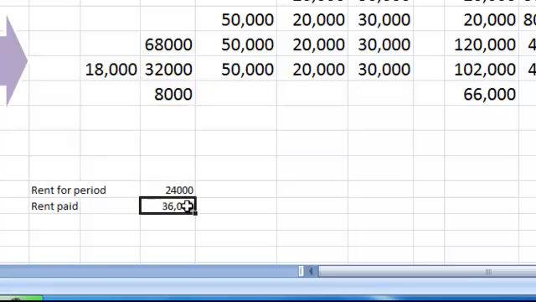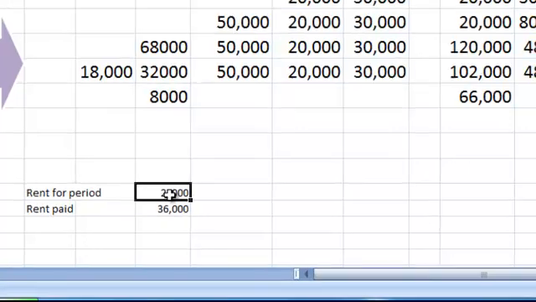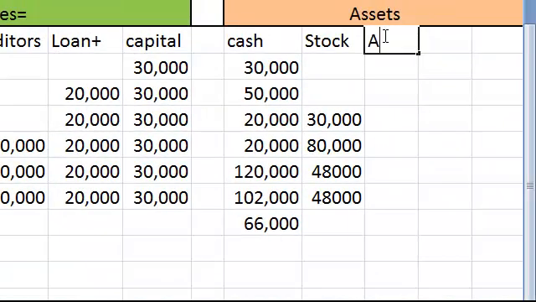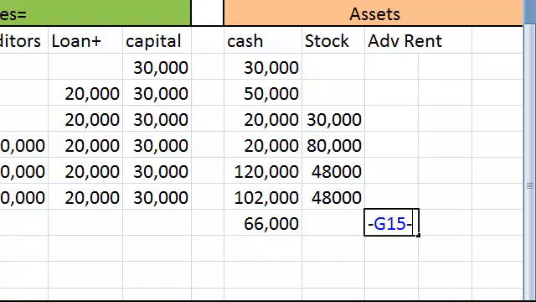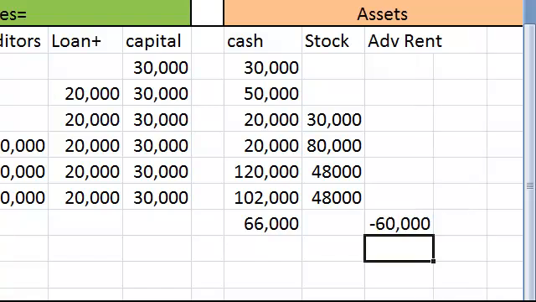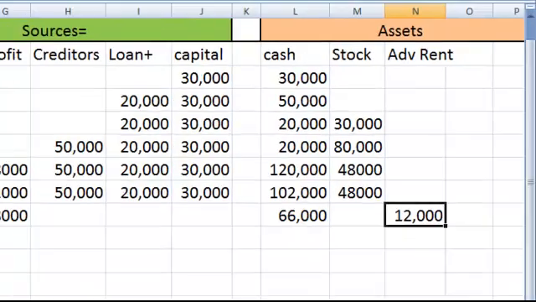So in this case, payment is more than the expense, so there is an asset called advance rent. The advance rent is 36,000 minus 24,000. So let me recap that.